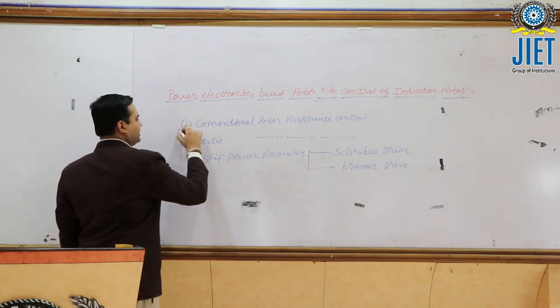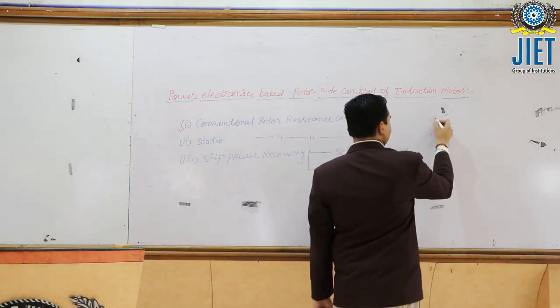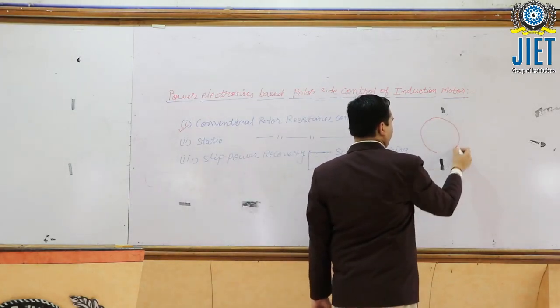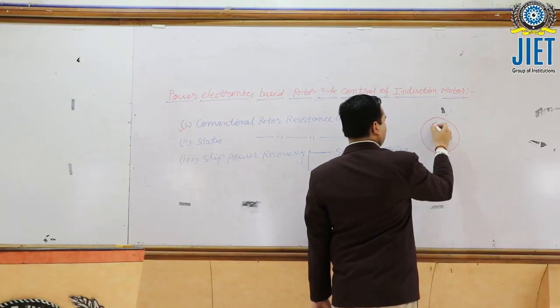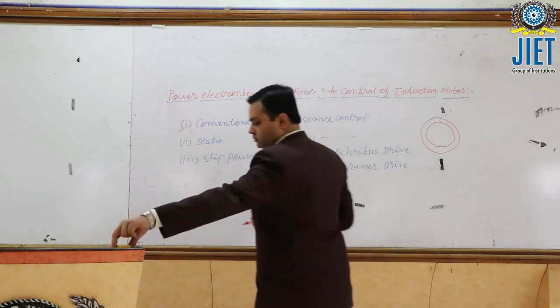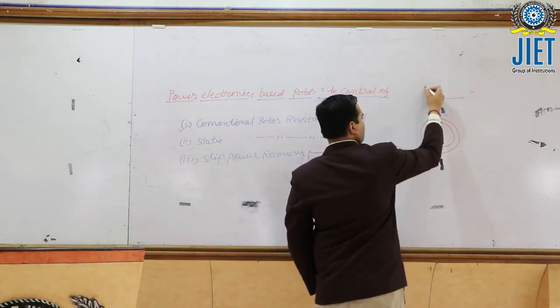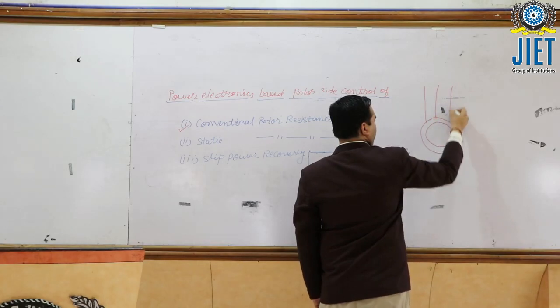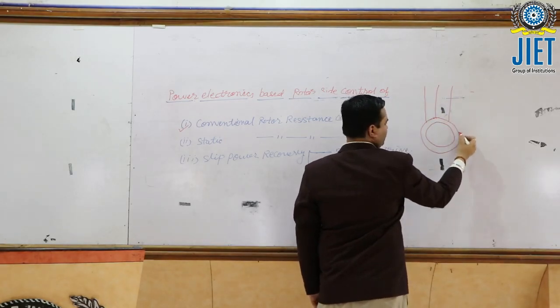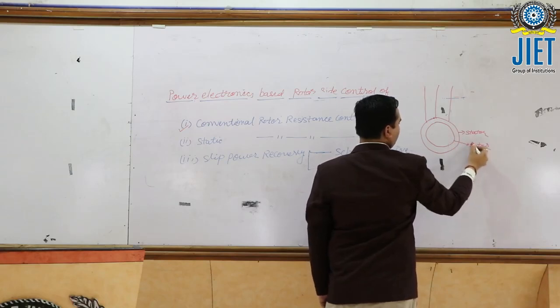In the conventional rotor resistance based controlling, we have two parts of an induction motor. This is the simple induction motor. The first ring denotes the stator and the secondary denotes the rotor of an induction motor.